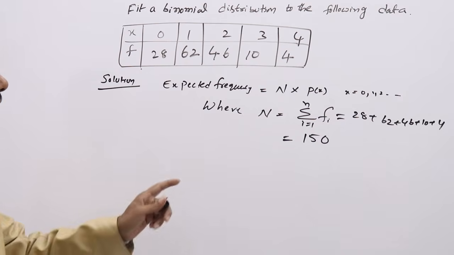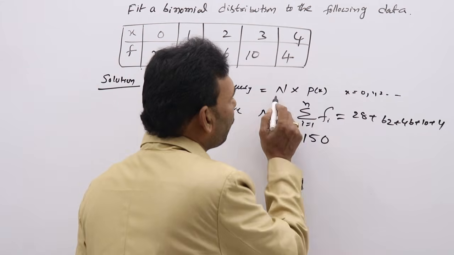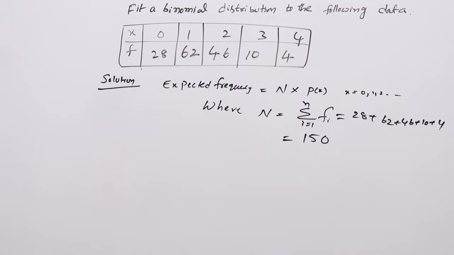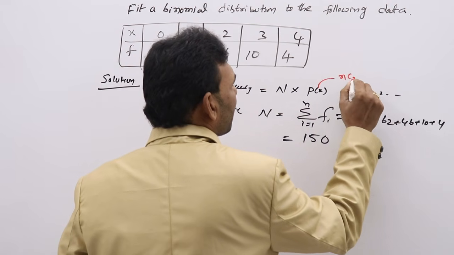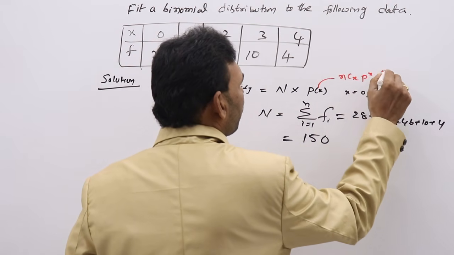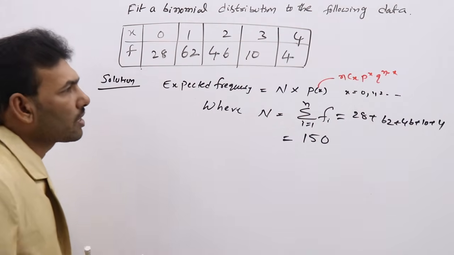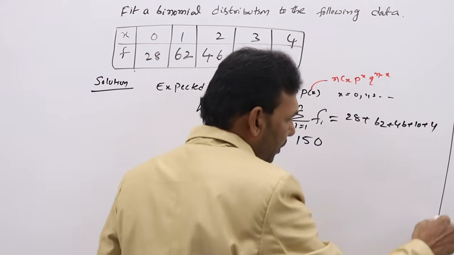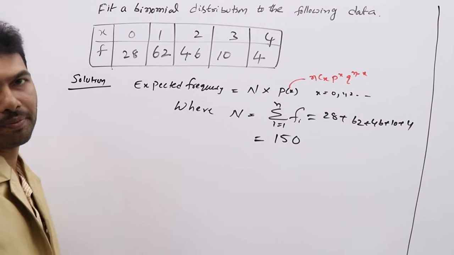After finding capital N, to fit the binomial distribution we need to apply this formula: capital N into P of x. But what is P of x in binomial distribution? We all know P of x in binomial distribution is nCx P power x Q power n minus x. That means we need to find small n, small p, and q.